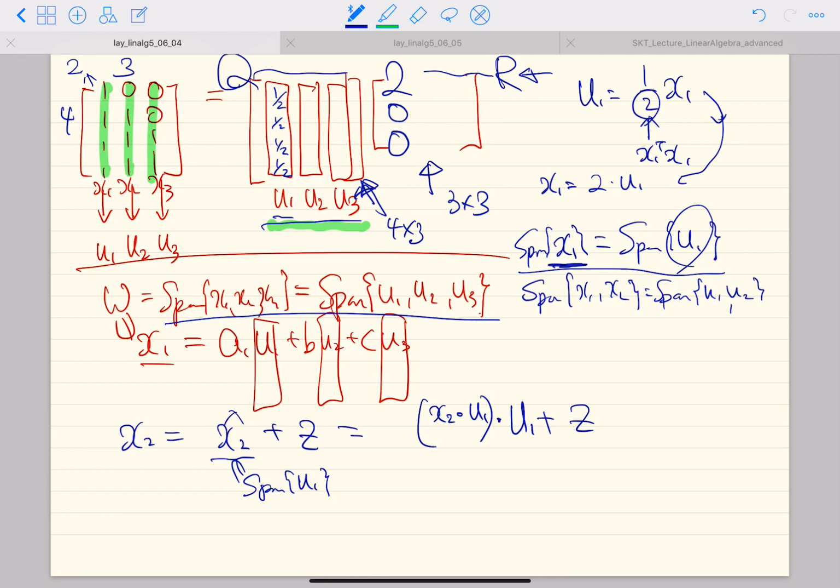Right? And what is this guy? Can anyone tell me? So the inner product of this guy and this guy, right? 3 over 2, right? So that is the inner product between the two vectors. Okay, so 3 over 2 times u1 plus c.